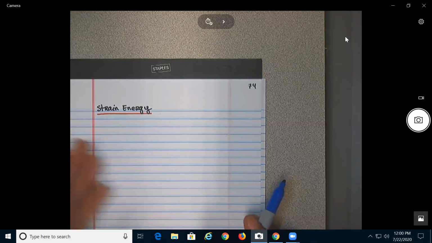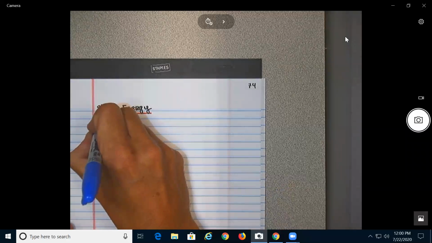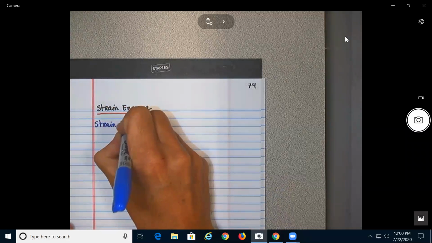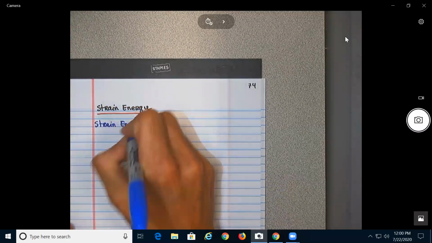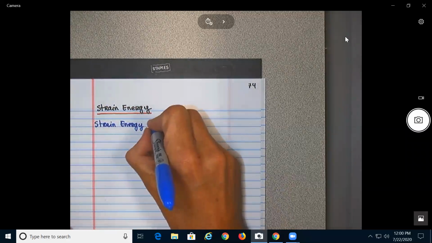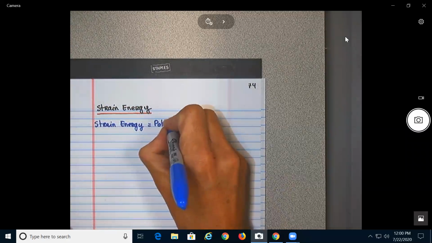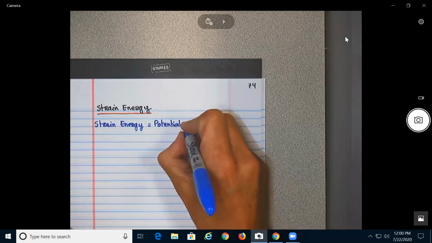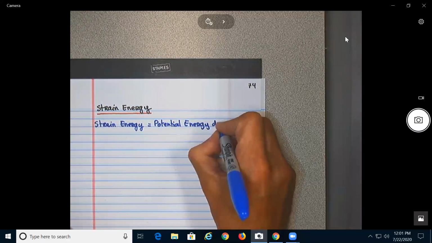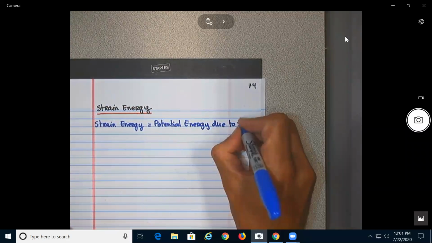Okay? So this is what they call strain energy. I don't like to call it this way, but it is some type of potential energy due to strain.